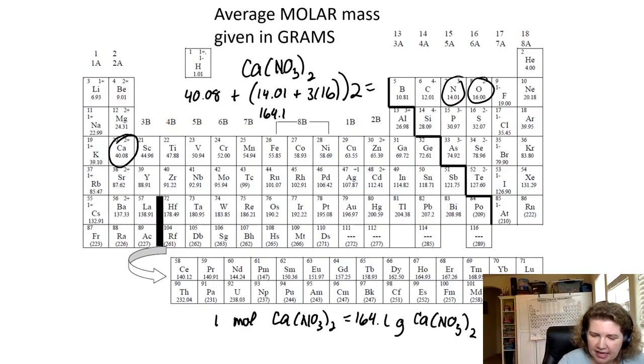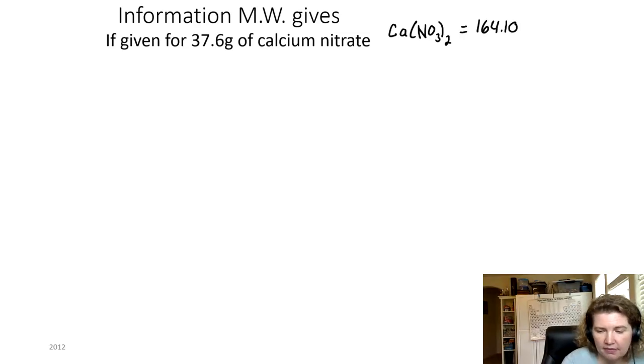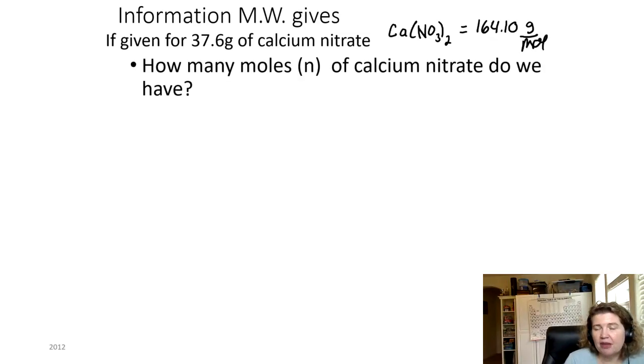The periodic table that I'm using reports everything out to the second place after the decimal, so I'm going to be consistent: 164.10. Now I'm going to do some conversion factors.